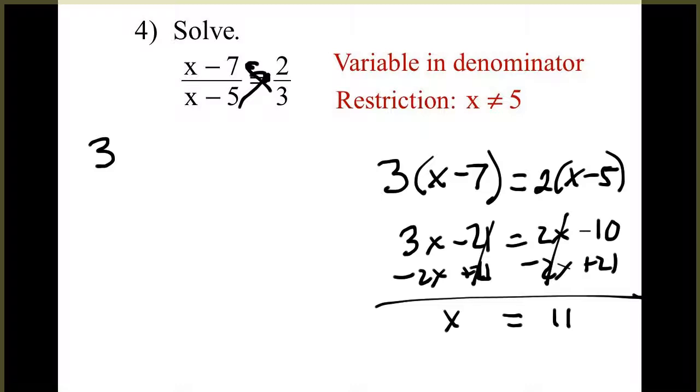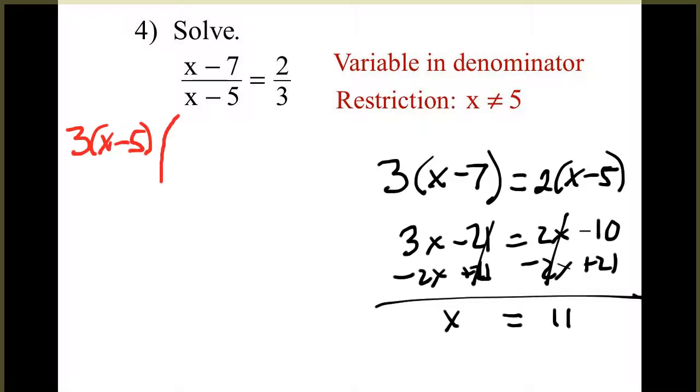Now, the way my PowerPoint does it, I'm going to keep both of these up. What would be the common denominator? The common denominator would be 3 times that binomial, x minus 5.